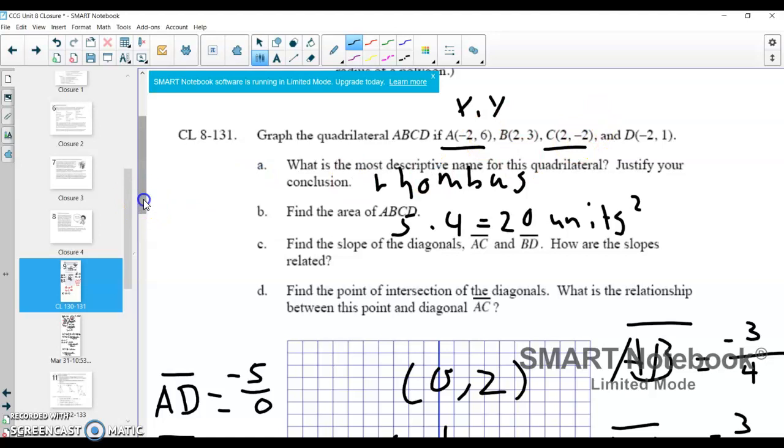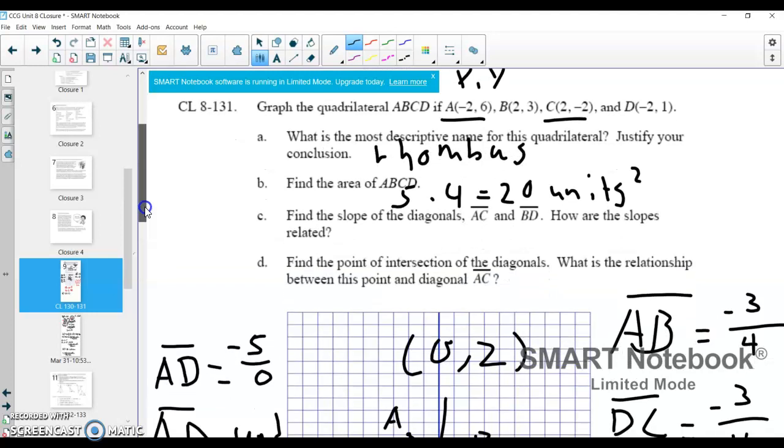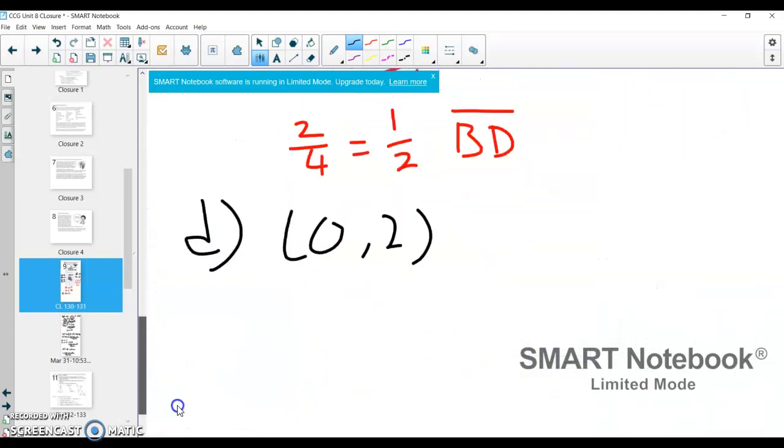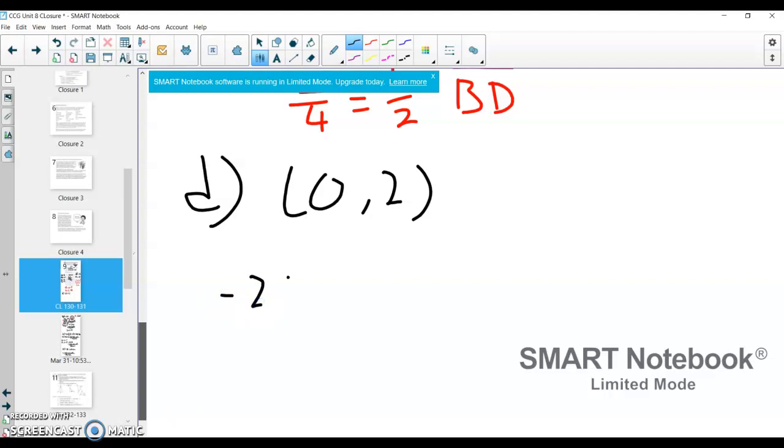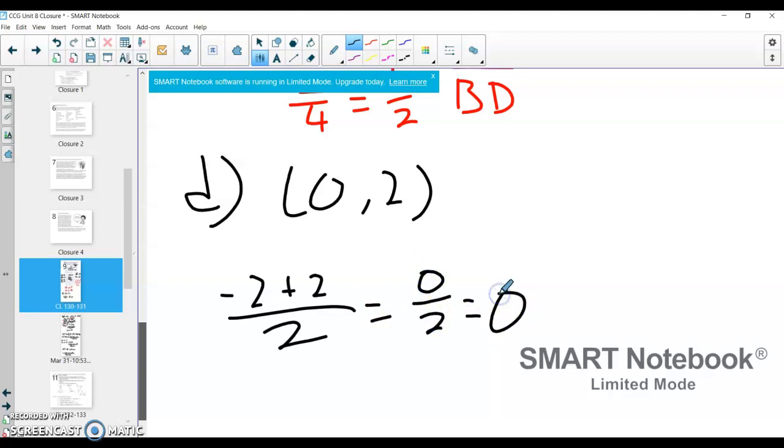And so let's add our x's, -2 plus +2. Divide that by 2. That's going to give me 0 over 2, which gives me 0 for x. All right.